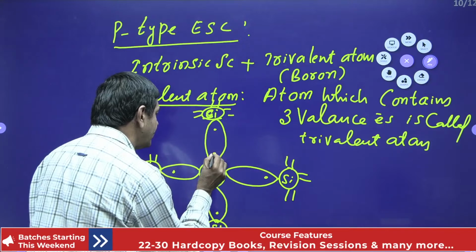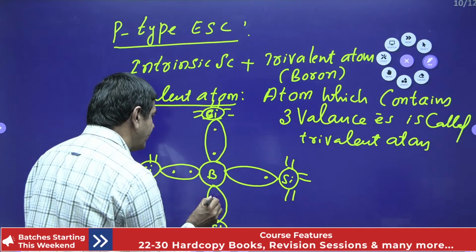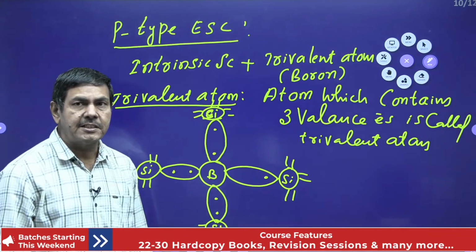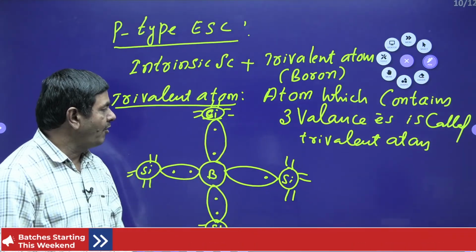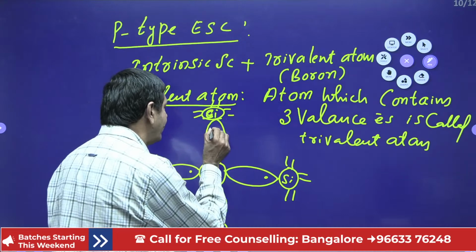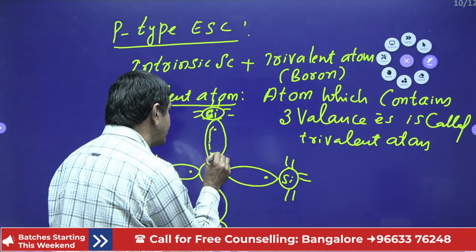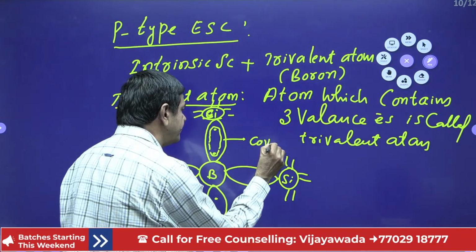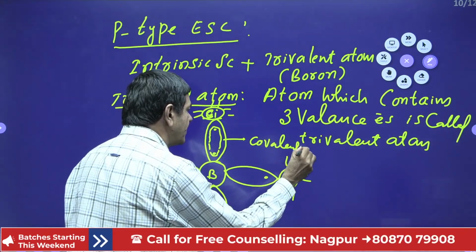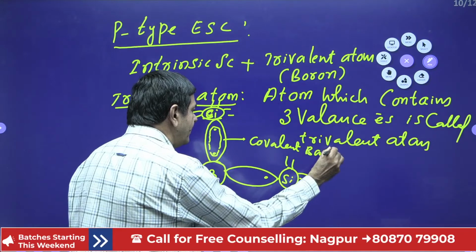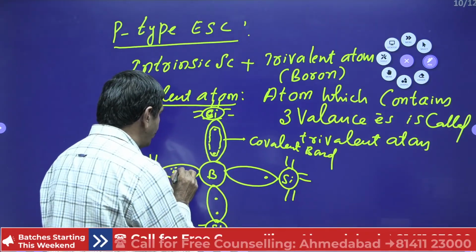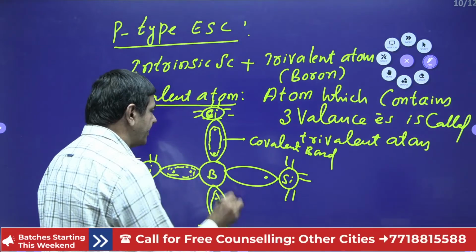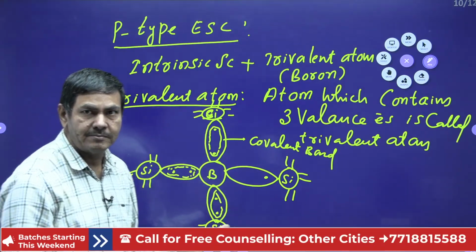Because of the sharing of these electrons, it forms one covalent bond here, another here, and another here. How many covalent bonds are formed in a p-type extrinsic semiconductor? 3 covalent bonds are formed.